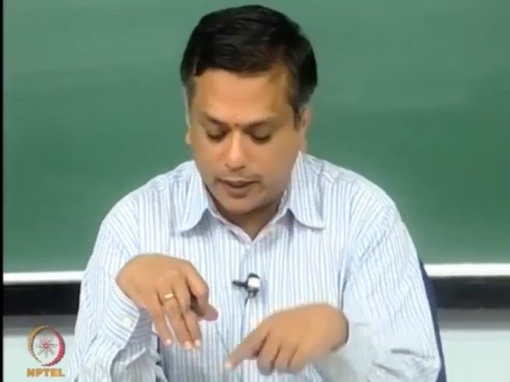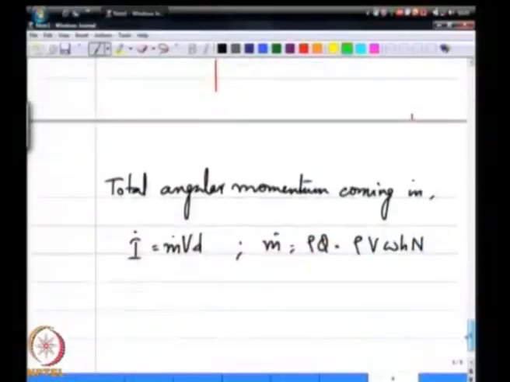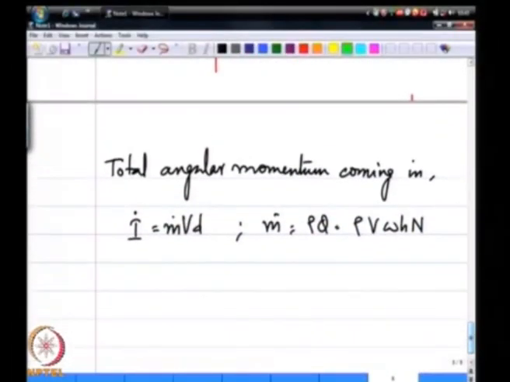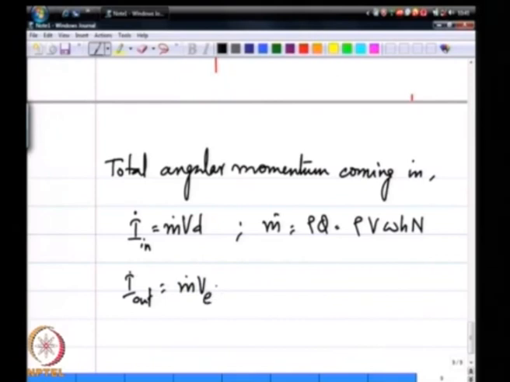So, whatever angular momentum comes in is exiting from the bottom. Okay. So, if the total angular momentum coming in is of this form, we will call this I dot in, I dot out is equal to m dot times V at exit times D at exit over 2.